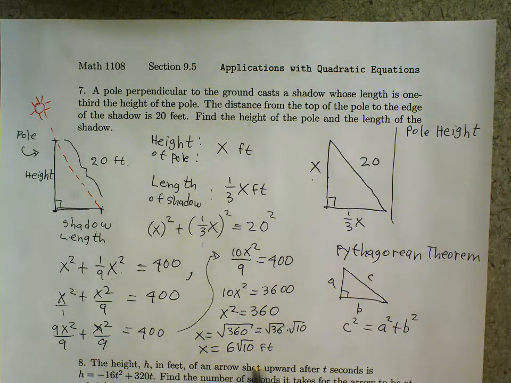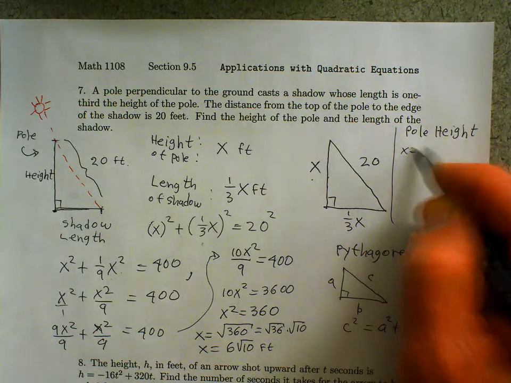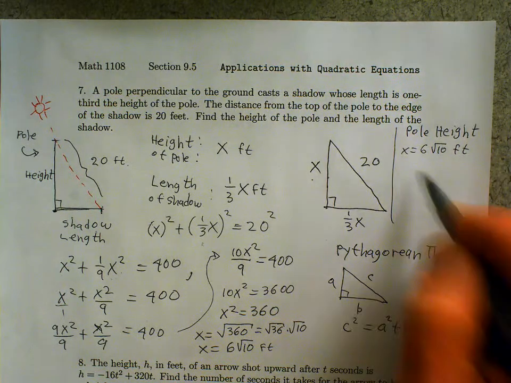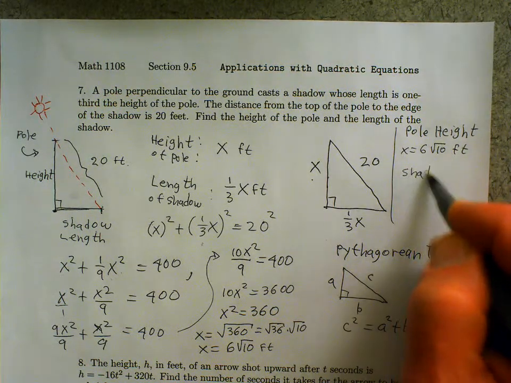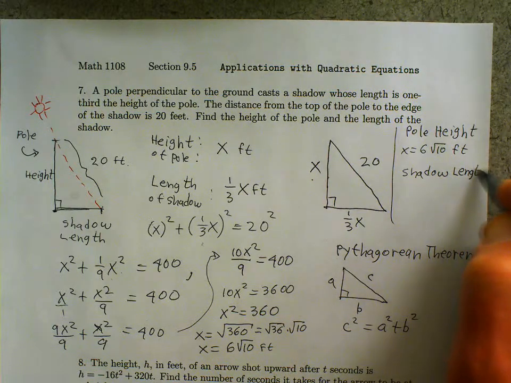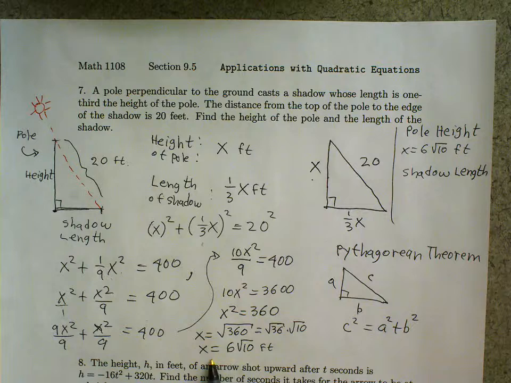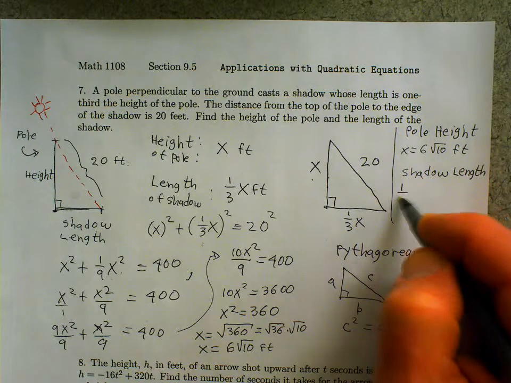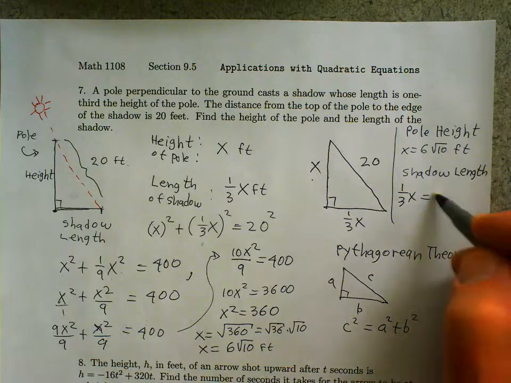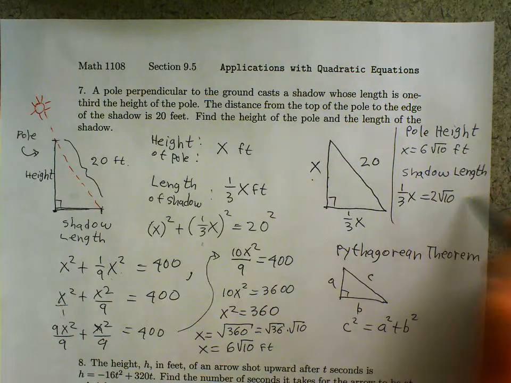The pole height is x equals 6 times the square root of 10 feet. And the shadow length is 1/3 x. And 1/3 of 6 times the square root of 10 is 2 times the square root of 10 feet.